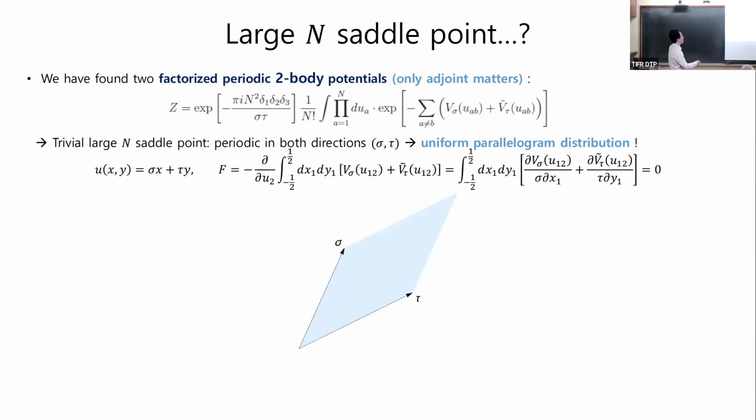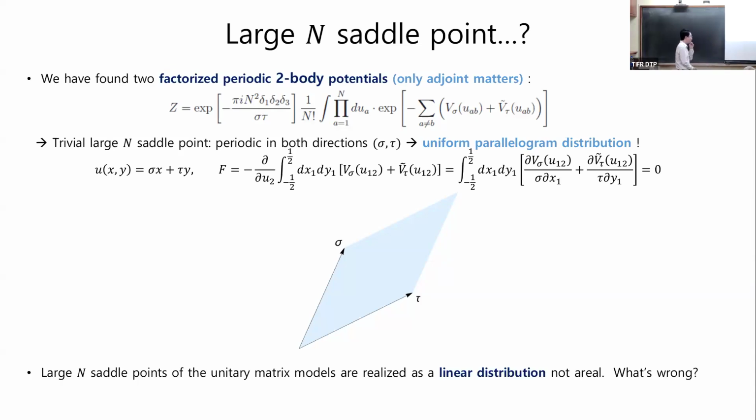So we have this uniform parallelogram distribution as a saddle point. But it looks a bit weird because we haven't seen this kind of areal distribution from the unitary matrix model, right? So there will be some subtle problem in realizing this as a saddle point.